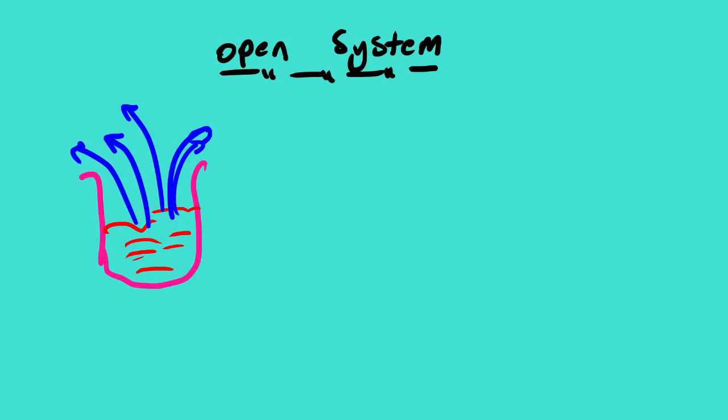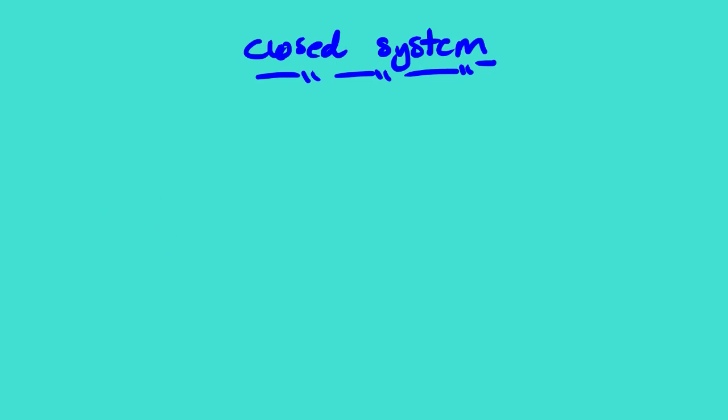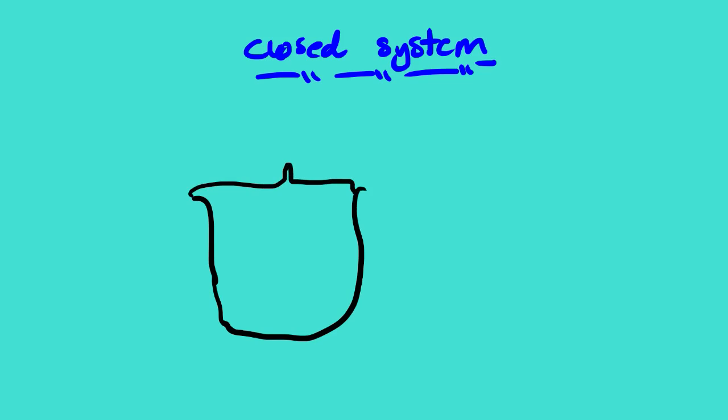And then we have a closed chemical system. It's when we have a container, or let me say a vessel, that is actually closed and the contents inside this vessel cannot escape.